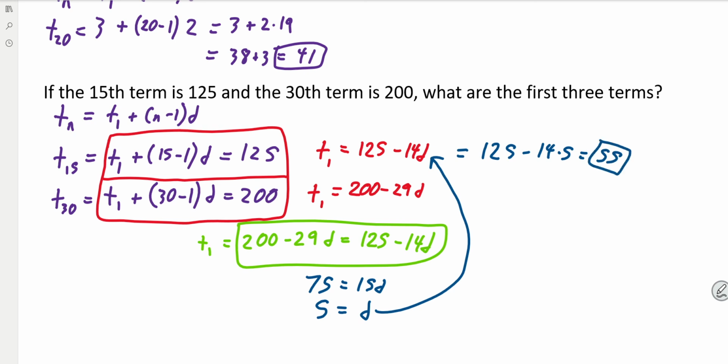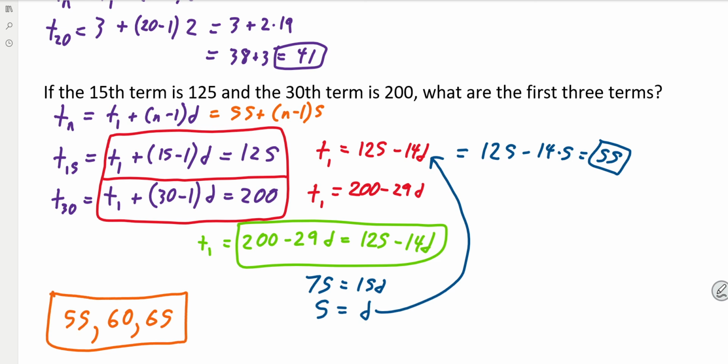So T1 is 55, and we can use that to make our general equation: 55 plus n minus 1 times D, which is 5. We know our first term is 55, and we add 5 every time, so 60 and 65. Those are our first three terms for this arithmetic series.